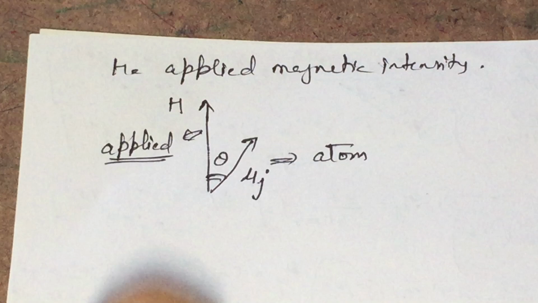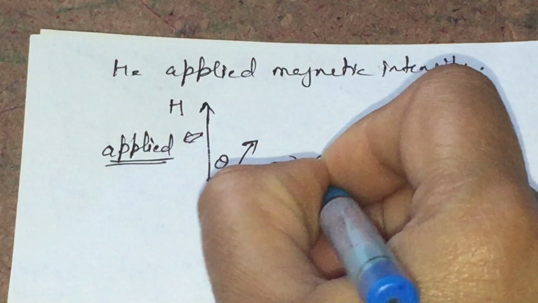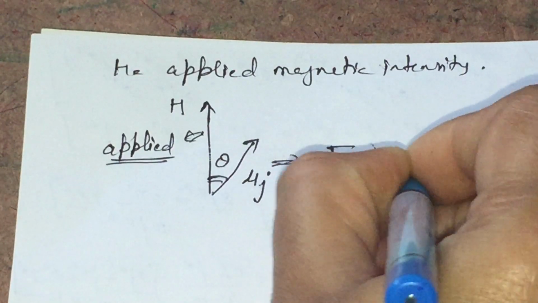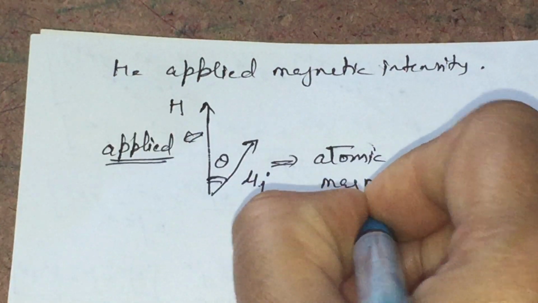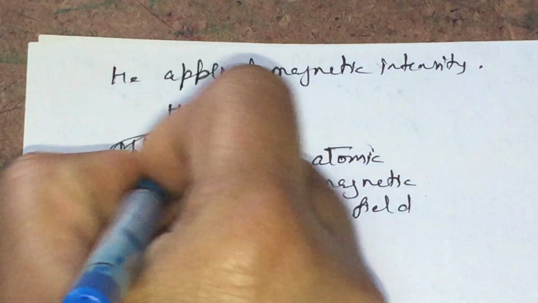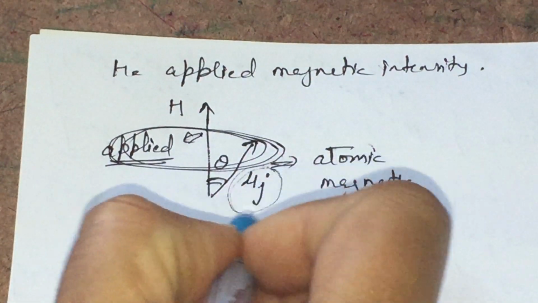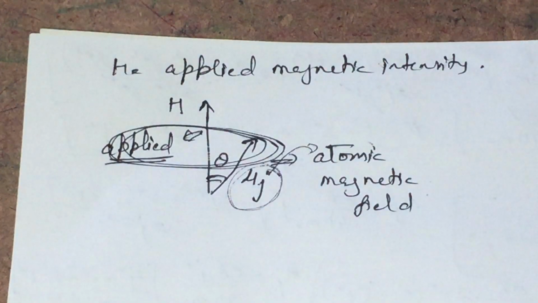Due to this applied magnetic field, the atomic magnetic moment starts to move, or precess, around the applied magnetic field, due to which the energy of our atom will change.